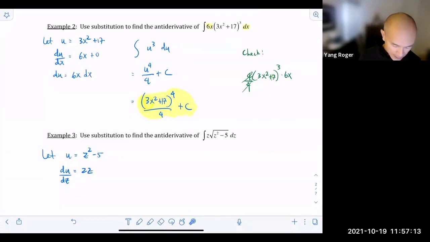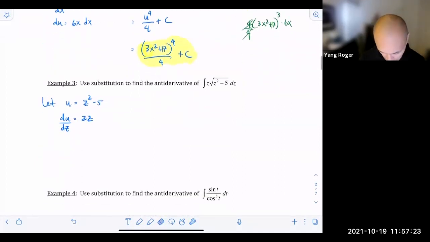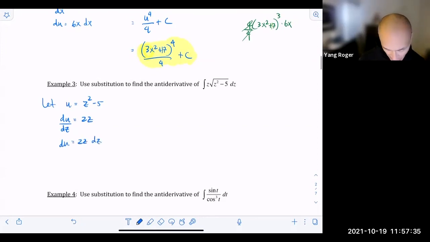A lot of times when I teach this substitution method of integration, I do it by working with differentials. We had talked about differentials before. Differentials is where we think of du and dz as separate quantities. So du is equal to 2z dz. And then we can solve for dz.